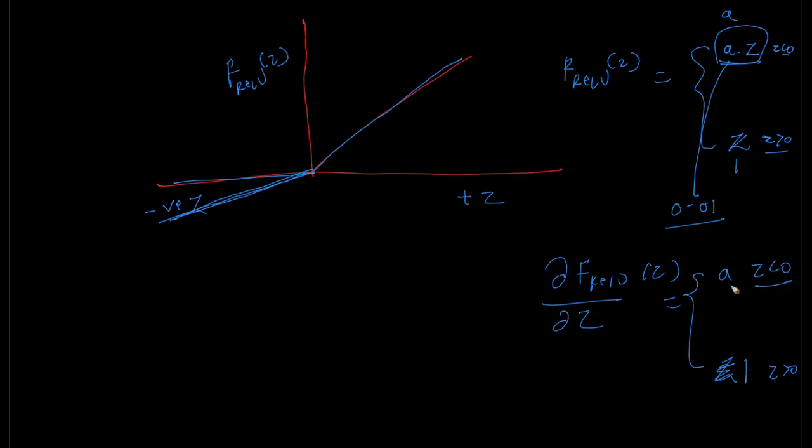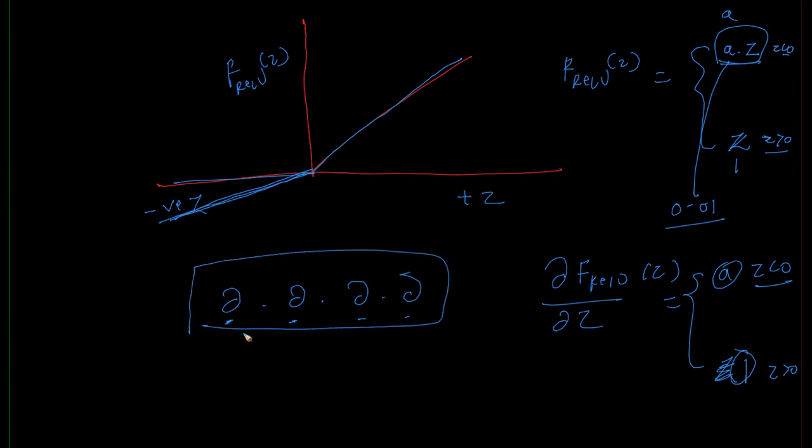Now you see, because of this, let's say we are multiplying lots of derivatives. This derivative term is never 0. It's either 1 or a. That means this multiplication of derivatives will never become 0, because we don't have a 0 term here.